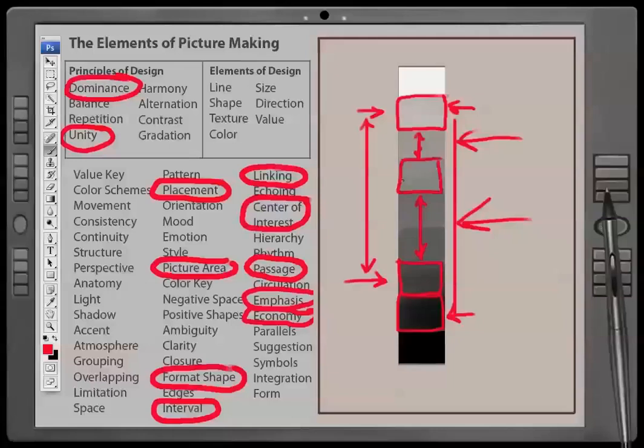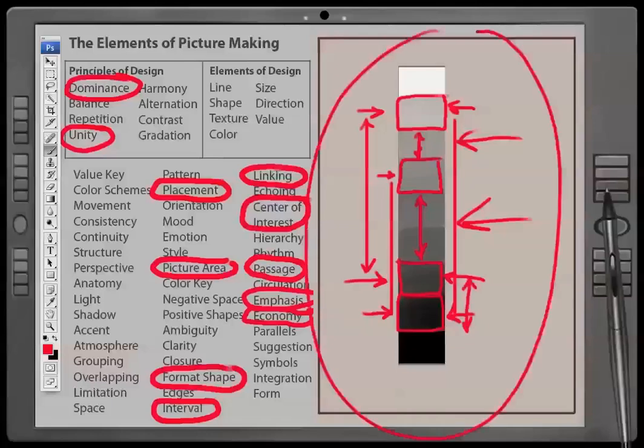There's another interval of space between this value and this one down here that I haven't indicated yet. So it's like this. Lastly, there isn't really an interval because the two values are next to each other, which are these right there. But they also create a value contrast, but it's a very subtle value contrast because the values are so similar to each other, but nevertheless they must be considered, and therefore I'll add them to these intervals of values.